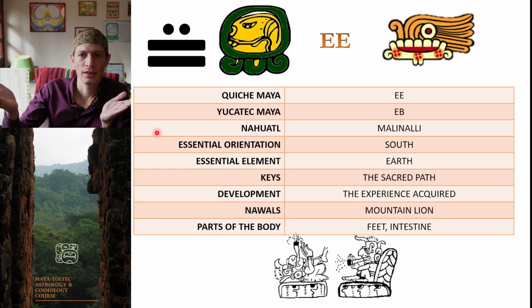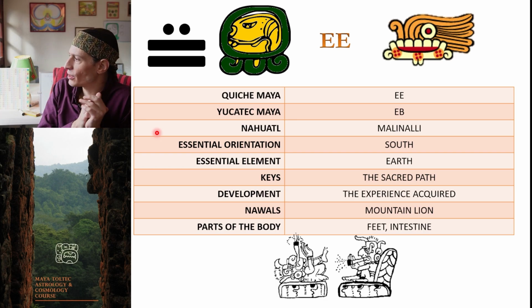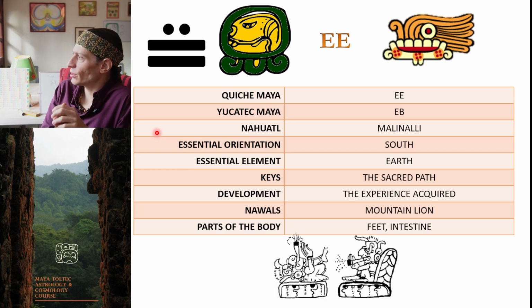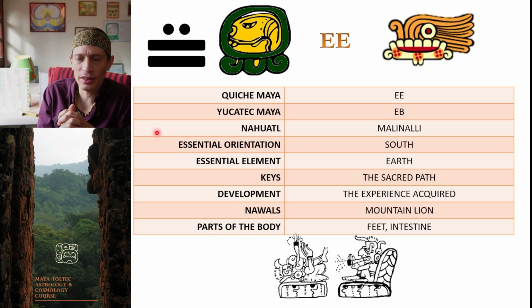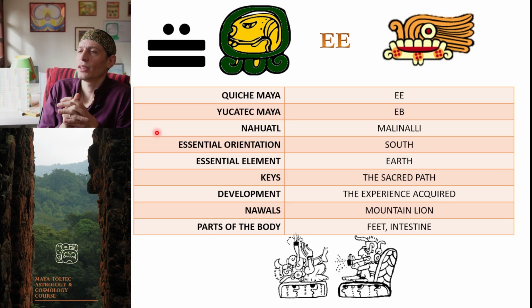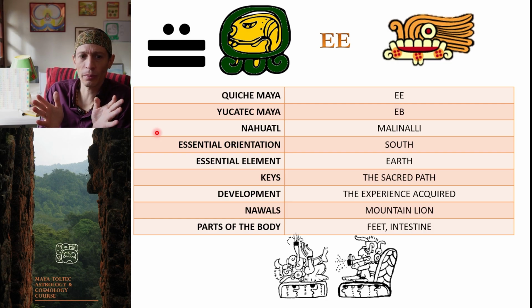Okay? So this is the consciousness, the human consciousness. The sign of the human is the sign of consciousness, which is the human consciousness, which is the consciousness that we fuck up. Okay? We seriously fuck up.